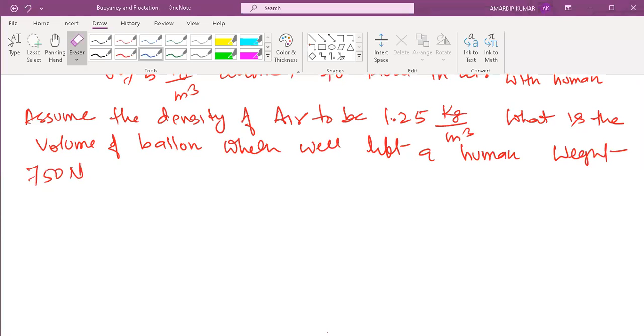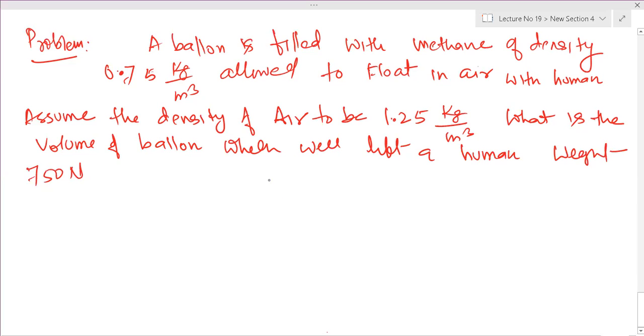So a balloon is filled with methane. So okay, let us make a balloon. So you have one balloon filled with methane.